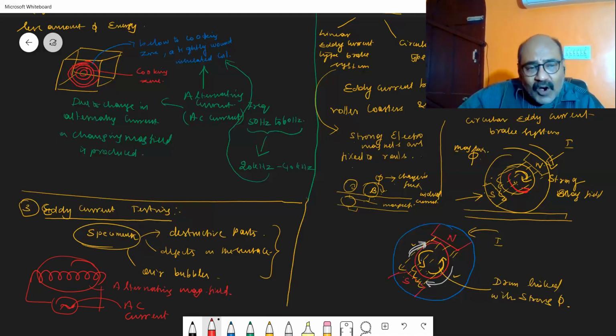Now, when this coil is brought near the specimen that has to be tested, what is induced on the specimen or the test surface? Eddy currents are induced on the test surface.